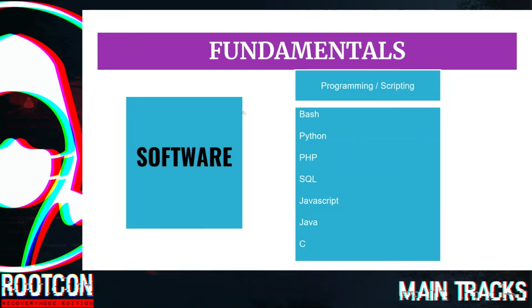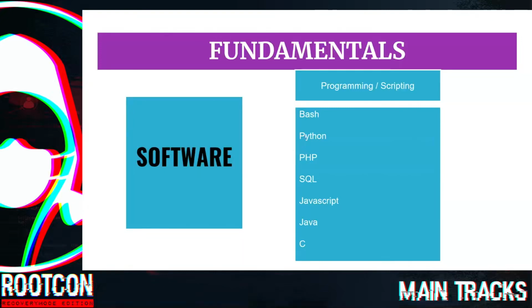In programming and scripting, you need to learn Bash or Bourne Shell. In Bash, most of the time you'll be in a Linux terminal or on a Mac. You want to automate things, so Bash can help you a lot. Python can help you a lot in automation too.